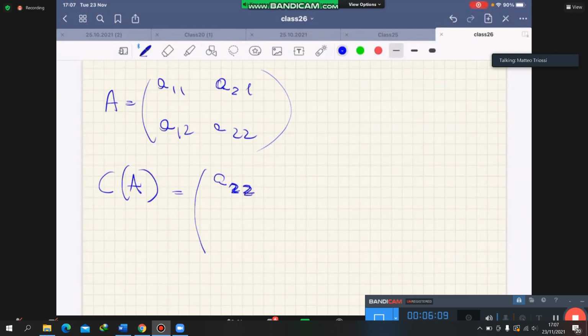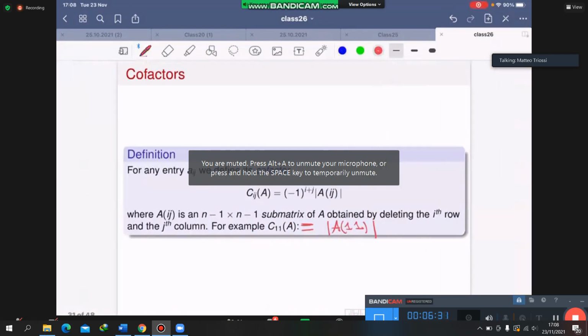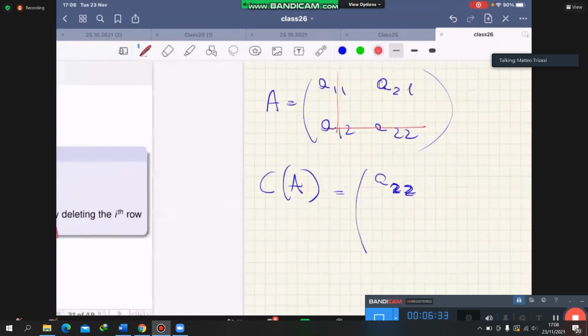And here I have to delete the first row, first column. Look at the formula.